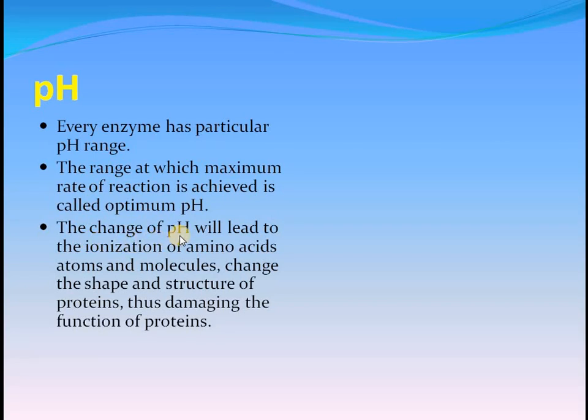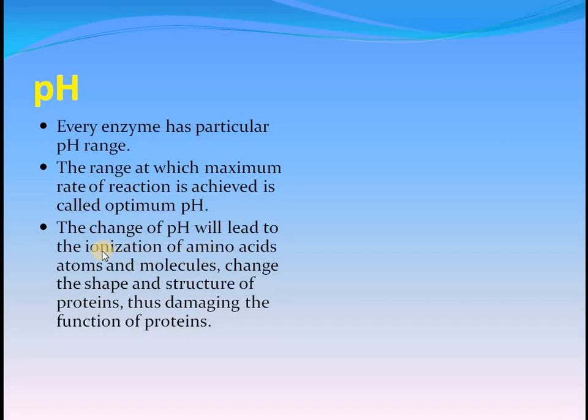The change of pH will lead to ionization of amino acids. As you know, enzymes are made up of protein, and proteins are made of amino acids. What do amino acids do? They help in the formation of protein.